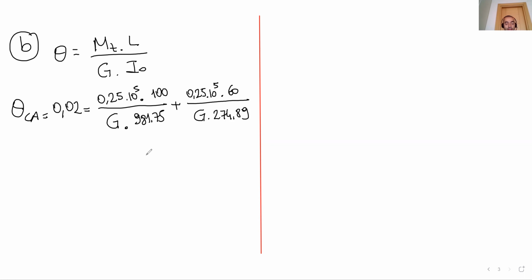So this is the equation. In this equation, we have only one unknown. It's easy to calculate one unknown with one equation. If you make this calculation, you will see the shear modulus, which is this. Shear modulus of the section.